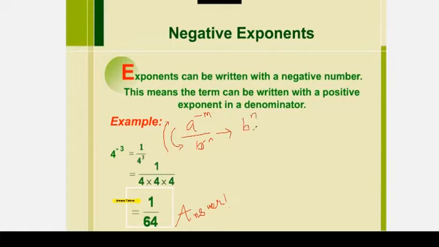B goes to the top and A comes to the bottom. This is how you will be getting rid of the negative exponent. This is also called reciprocate. You are flipping, in other words, upside down. So whenever you reciprocate, you will get rid of the negative exponent.